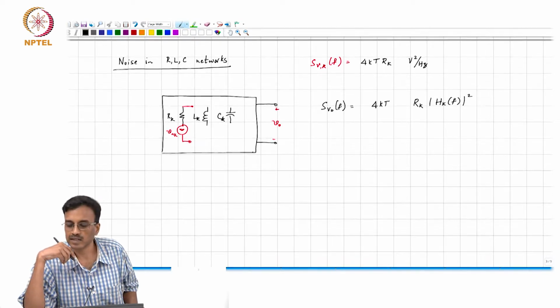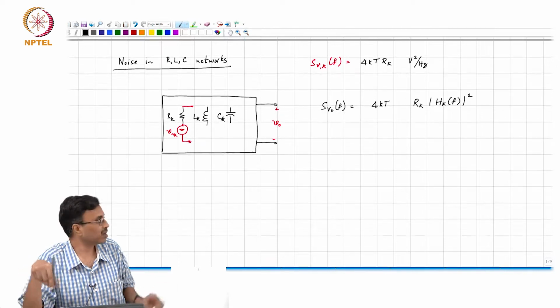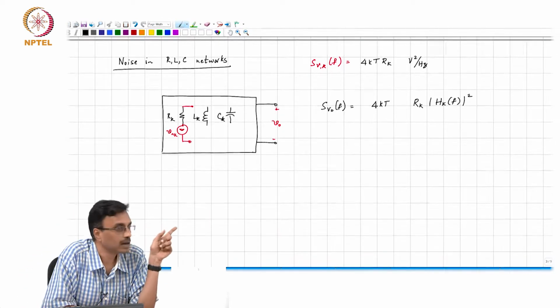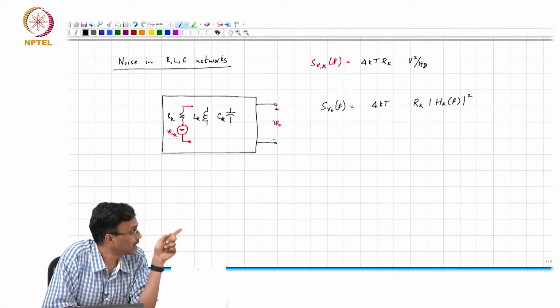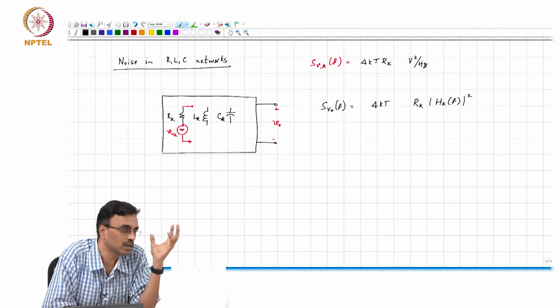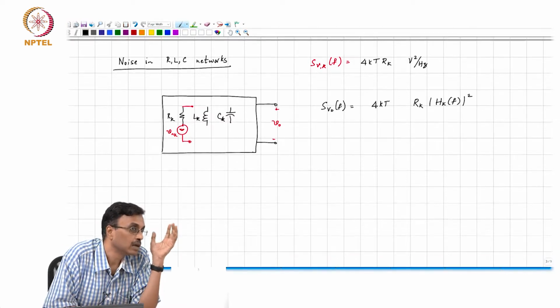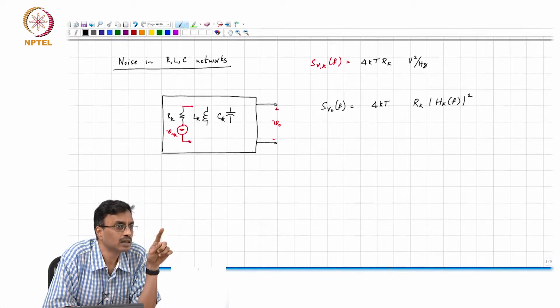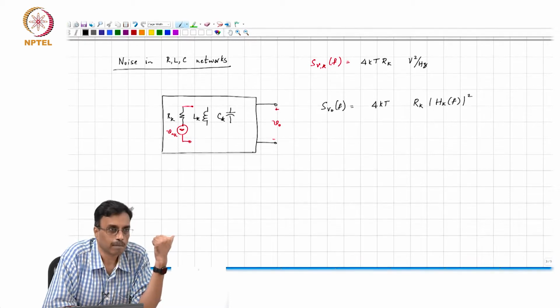All right. In English, what does this mean? What does that quantity, 4kT R sub k times h k of f the whole square, represent? The noise spectral density at the output due to the kth resistor, right?